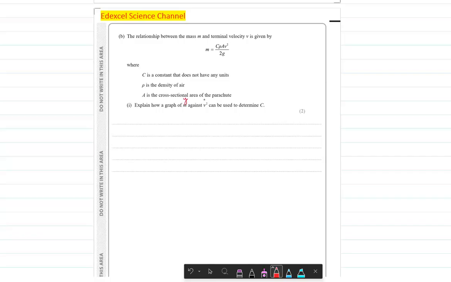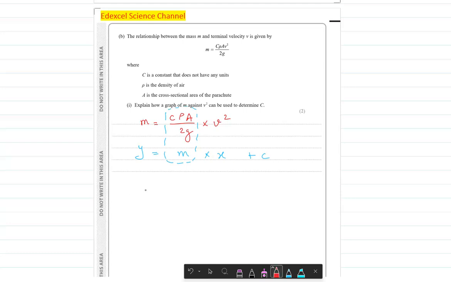So this is going to be my y-axis and this is going to be my x-axis. Whichever variable comes first becomes the y-axis, and whichever variable comes later becomes the x-axis. So m equals c rho A divided by 2g multiplied by my x-axis, which is similar to the equation of a straight line, right? This is our gradient.